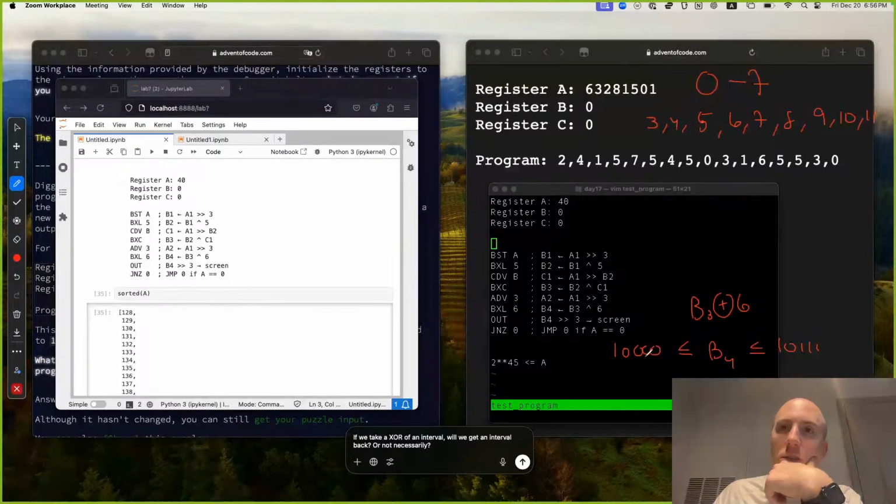So this is 2 to the 4, so this is 16. And this guy here is 23. So going from 16 up to 23.